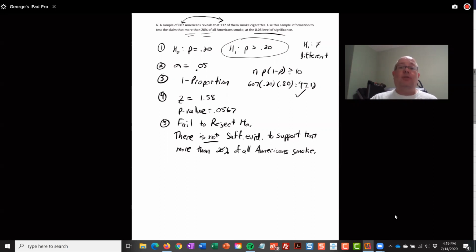So for example, in this problem, it may have said to test the claim that the percentage who smoke is 20%. H1 is going to be that the percentage who smoke is not 20% or different than 20%. And when you get down here to the conclusion, that's where you need to write that.